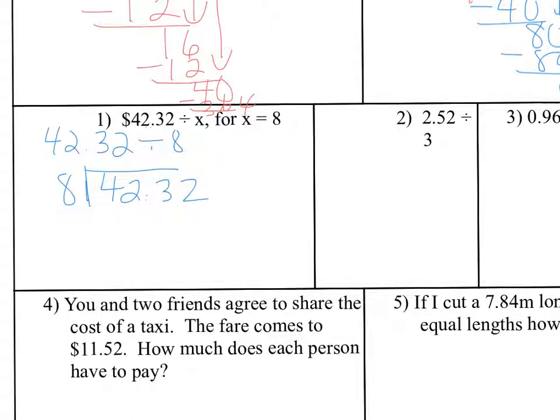Again, put the decimal straight up in the quotient. 8 into 42 goes how many times? 5. 5 times 8 is 40. 2 left over, bring down the 3. 8 into 23 is twice. 2 times 8, 16. 23 minus 16 is going to be 7. Bring down your 2, and 8 into 72 is going to be 9. So my answer is 5 and 29 hundredths.